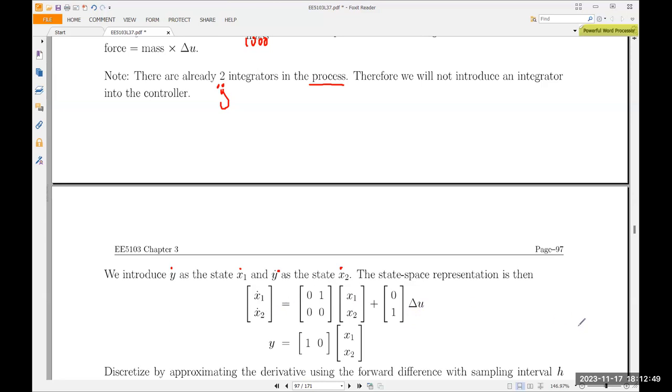So x2 dot equals delta U. Then my Y is x1, so I put 1, 0 here. That's how I fill up the blanks. So that is standard.